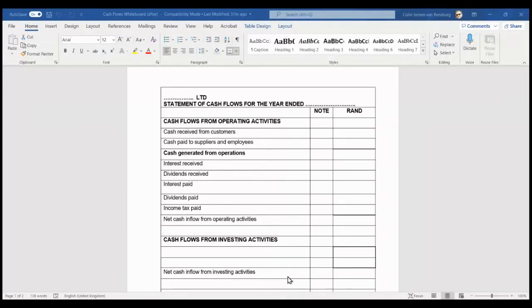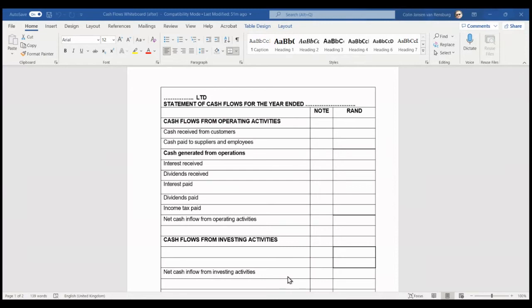So again, it's not necessarily the same amount. In most cases in practice, it will be a different amount, again because there might be interest that you have accrued at the end of last year or interest that you've accrued at the end of this year, right? But the interest paid reflects the money that flows out of our bank account because of the interest expense.